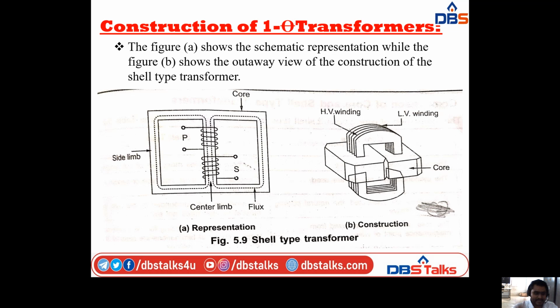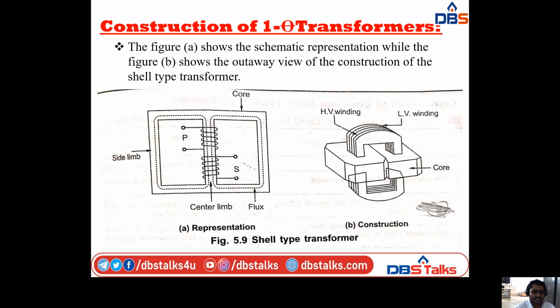So we have a single magnetic core, but we are using 3 limbs: 2 side limbs and 1 central limb. Both the windings are wound on the central limb only, and the flux travels like this.